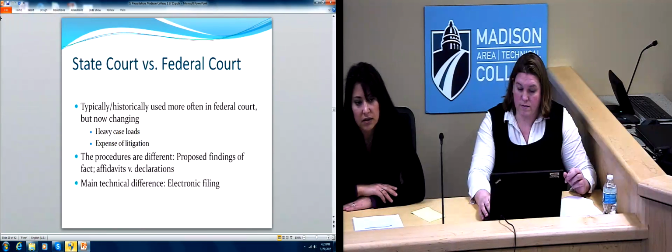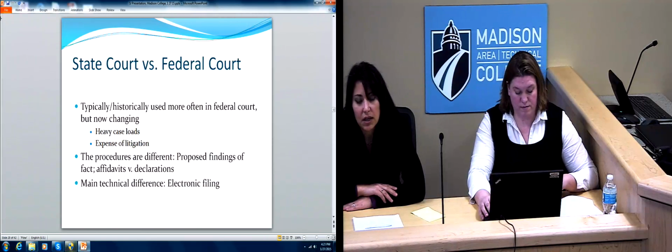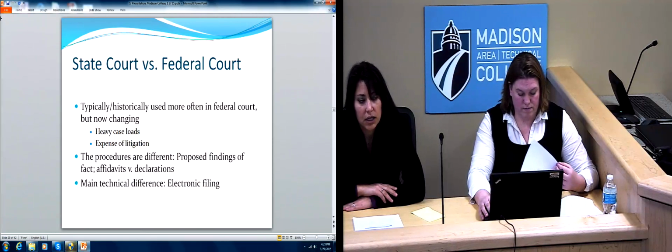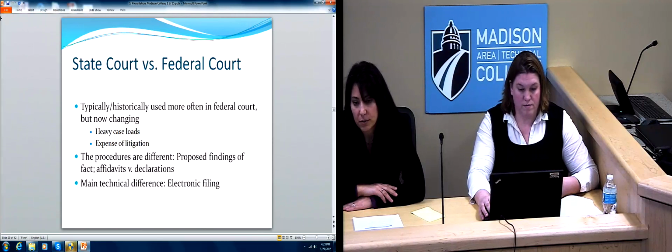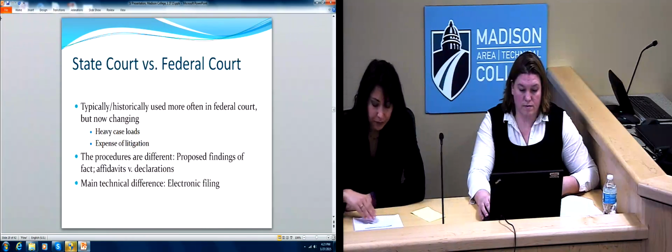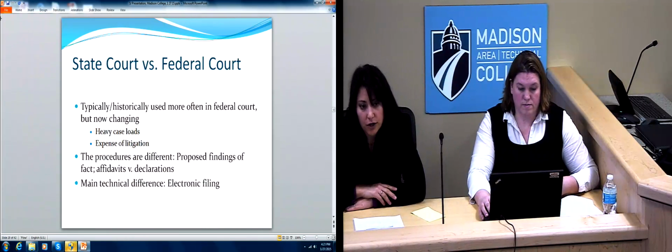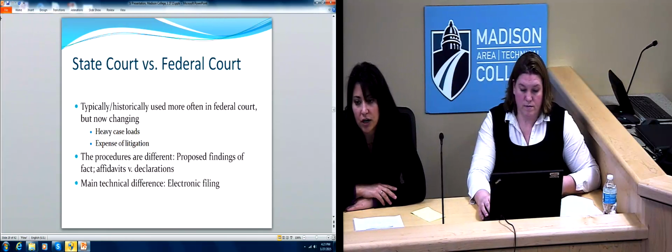Federal cases more often have the type of legal claims that are more prone to summary judgment motions. If you're in federal court, you can be assured that your judge knows the standard for summary judgment and has ruled on a lot of summary judgment motions. If you're in state court, your judge may not have all that much experience with summary judgment.